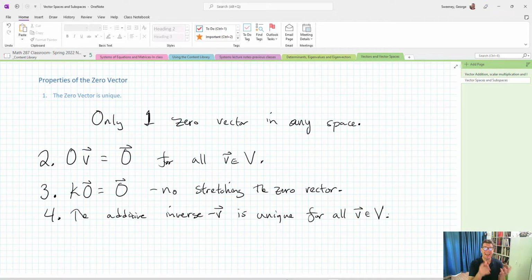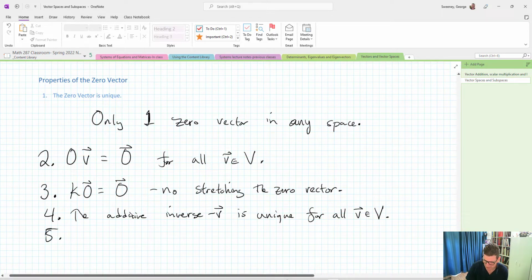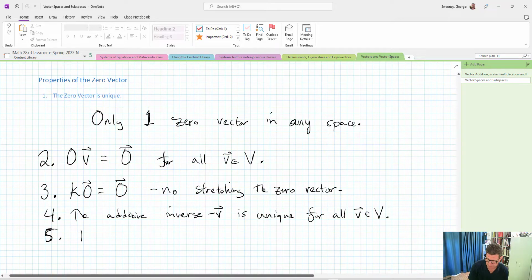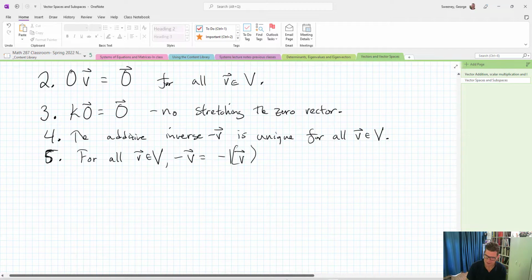And it is negative 1 times that vector, which, by the way, is our 5th axiom, which you're like, hey, didn't we just talk about this before? And the answer is, yeah, totally. But for all v belonging to V, negative v is equal to negative 1 times v. It does exactly what you think it is. Scalar multiplication by negative 1 gives me the additive inverse.